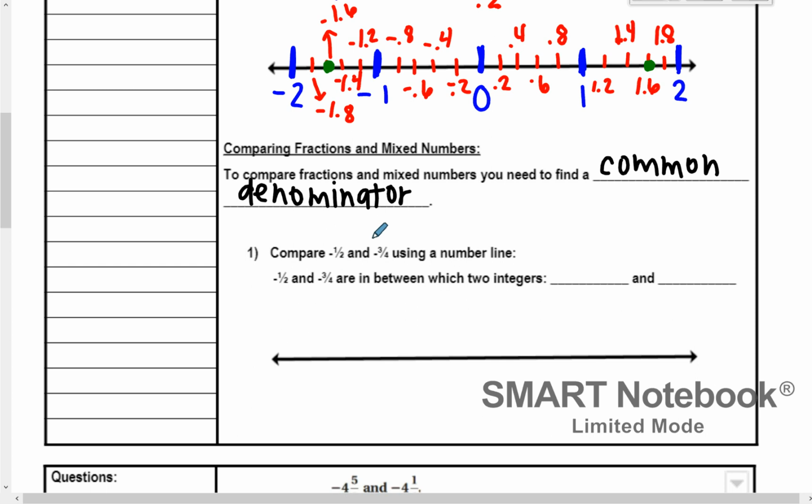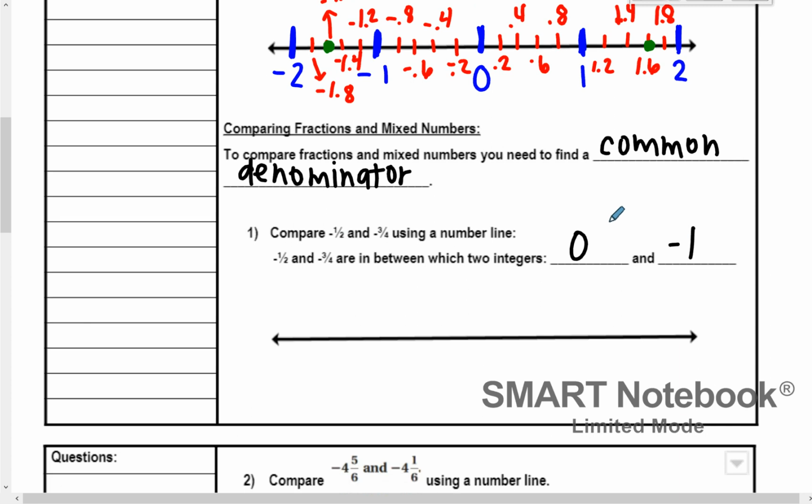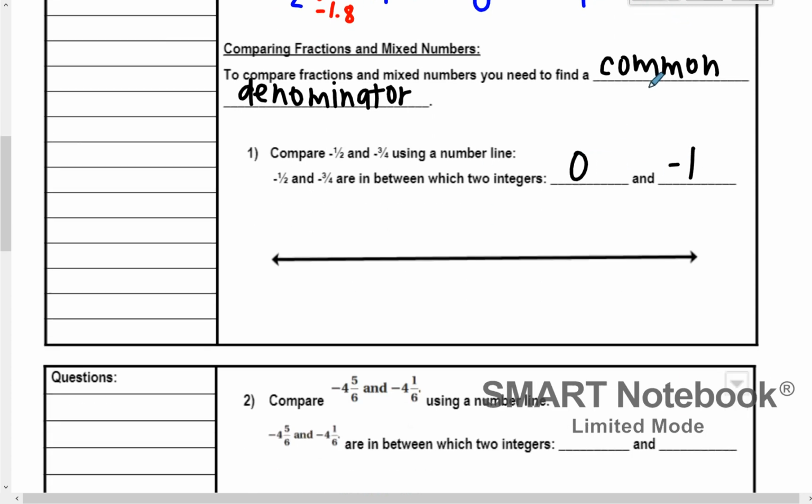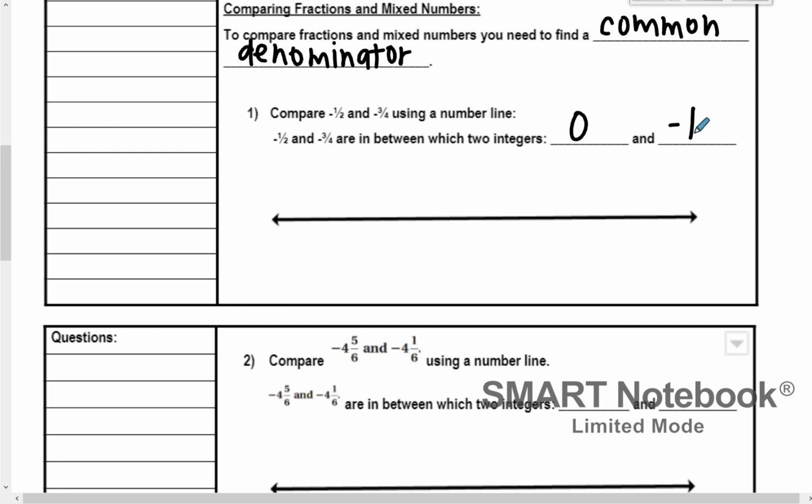So negative 1/2 and negative 3/4 are in between 0 and negative 1. Okay, remember 0 is neither positive nor negative. All right, so our lowest value is negative 1. Highest value is 0. We have negative a half and negative 3/4.